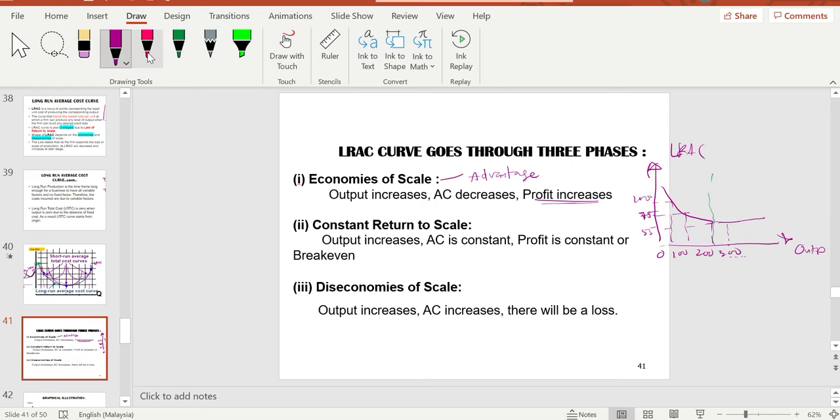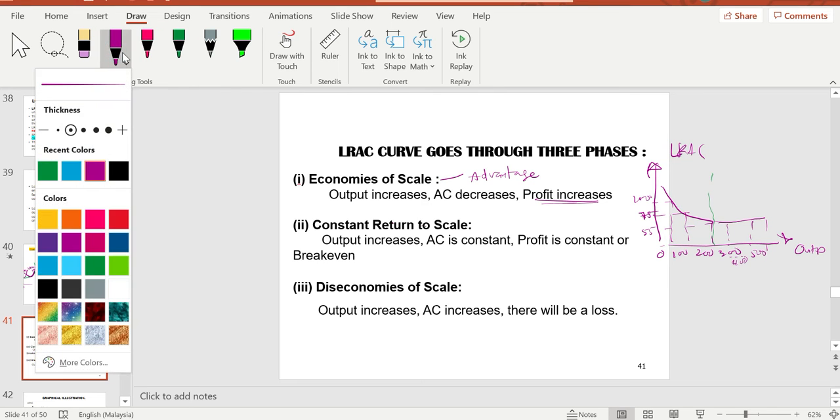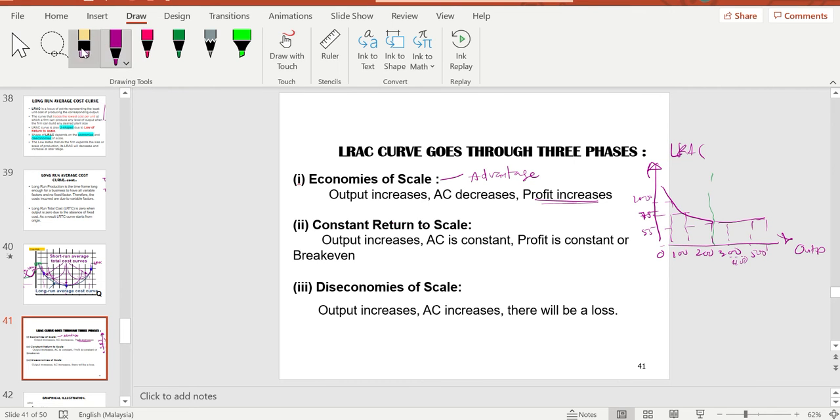Walaupun our output meningkat jadi 400 and 500, 600 dan seterusnya, the average cost kita ni, long run average cost kita ni constant, static je. Nilai dia dekat 55 je, dia tak berubah, static je. Ini yang kita kata macam tu. Profit pun also constant dan dia akan dapat break even. For this one, kita tak perlu cerita panjang. Kita nak cerita kat sini je, economies of scales.